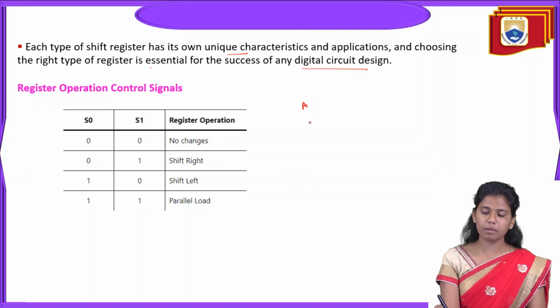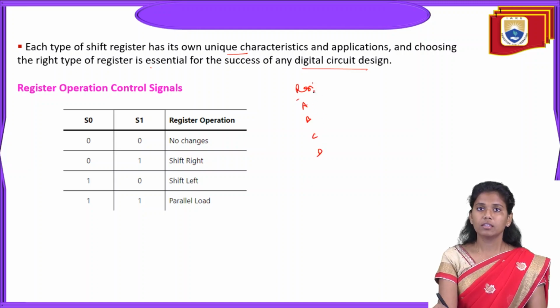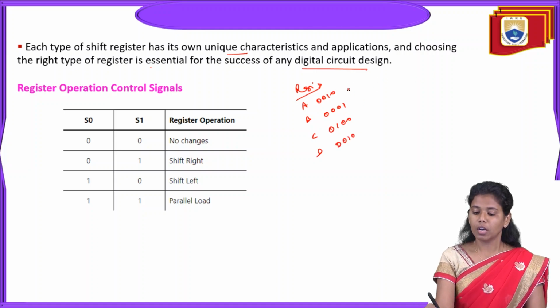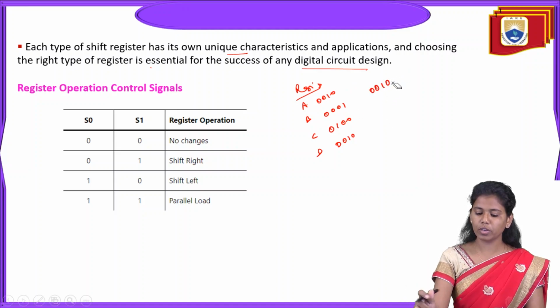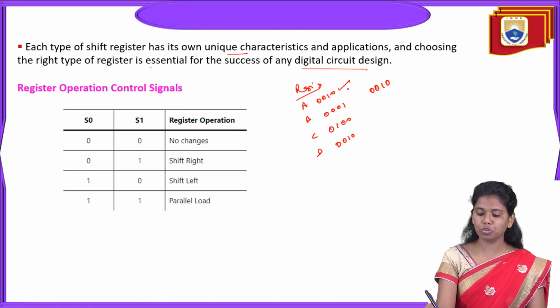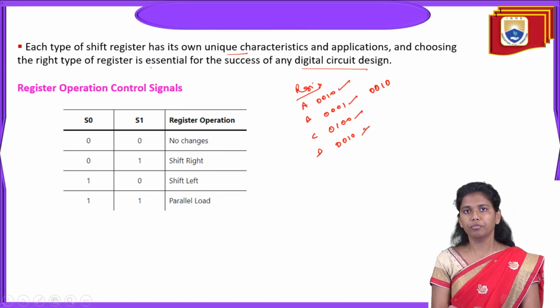For example, say I have A, B, C, D registers. A has 0010, B is 0001, C is 0100, and D is 0010. Now I have to send my bits as 0010, so I choose one bit from each of the 4 registers.